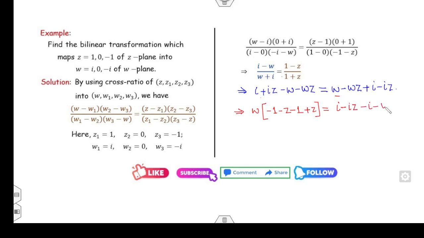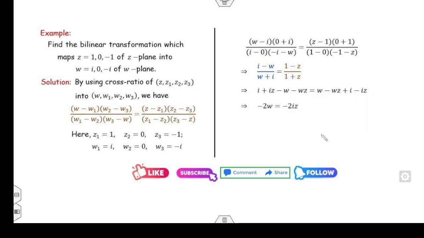So clearly iota and iota Z will be cancelled, minus 2W, iota and iota will be cancelled, minus 2. So minus 2 will be cancelled, W is iota times Z, which is the required transformation.